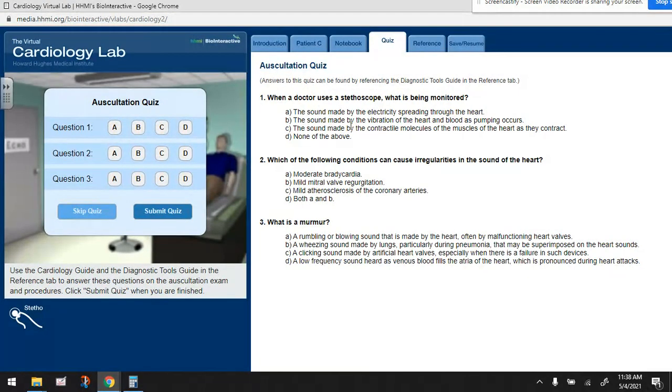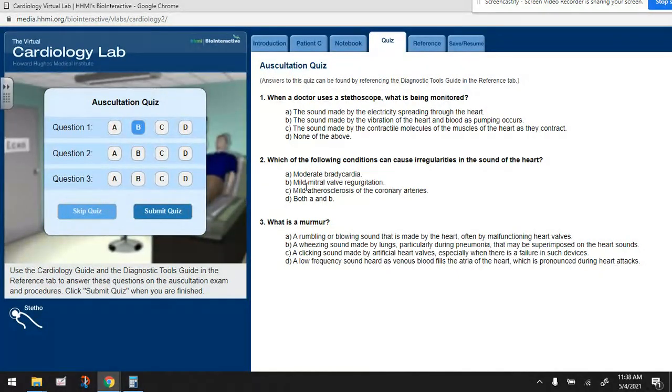So let's say you're still not sure. You've gone through this stuff and you're really not sure. Just take a guess. So let's say you think it's B. Let's click on B. Let's look at question 2. Which of the following conditions can cause irregularities in the sound of the heart? And they give you a bunch of different choices.